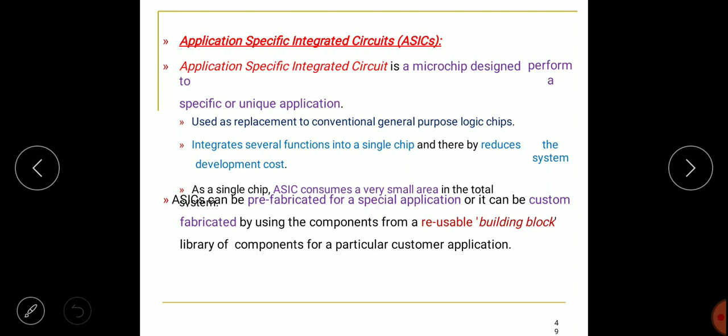It is fabricated using components from the reusable building block library of components for a particular customer application. According to what the customer asks, the particular specific operation design has to take place in that ASIC chip or processor.